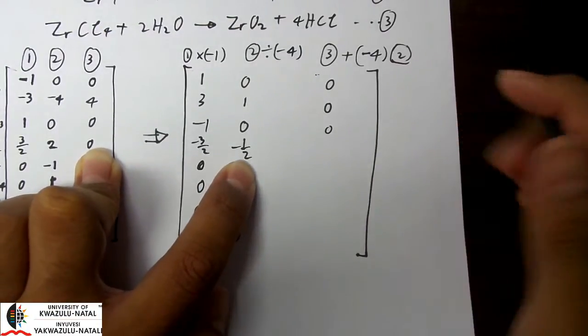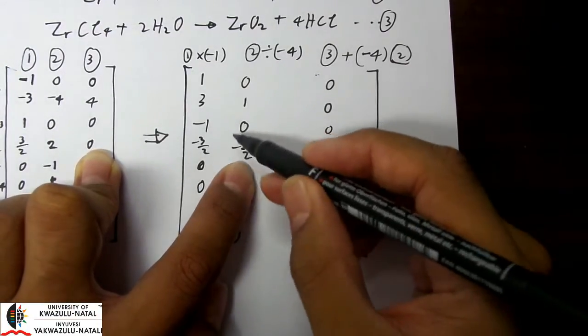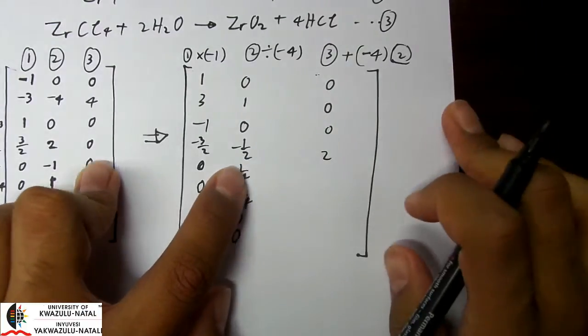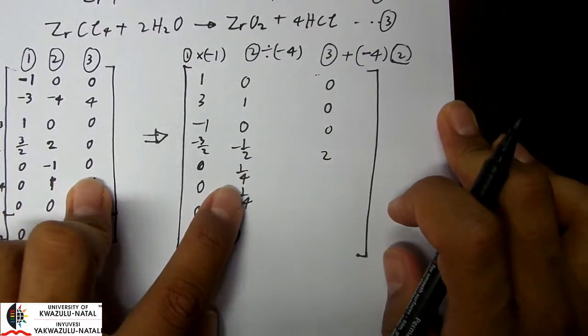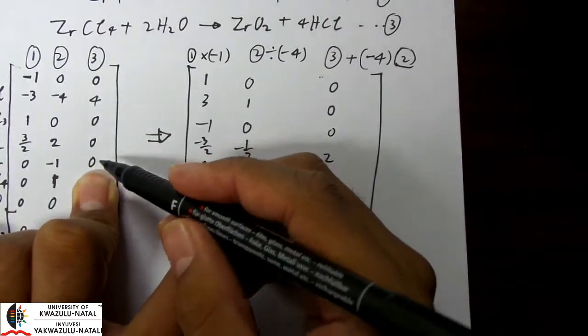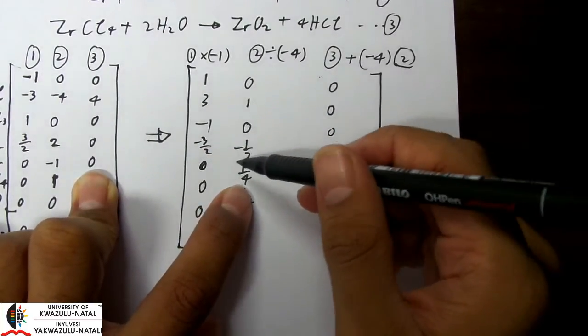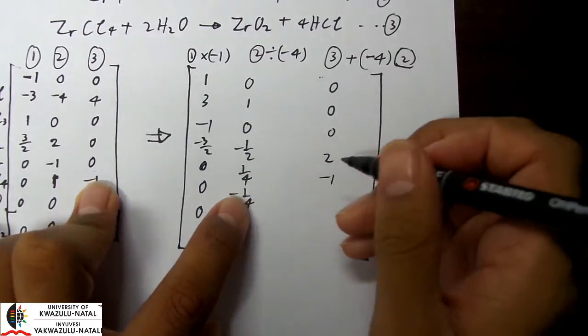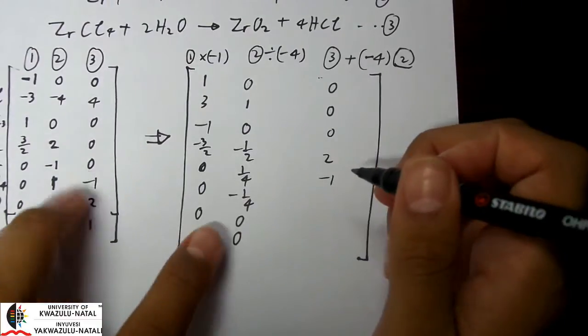And 0 plus negative 4 times negative half, so that will be a 2. And 0 plus negative 4 times a quarter, so that will be a minus 1. And so on and so forth.